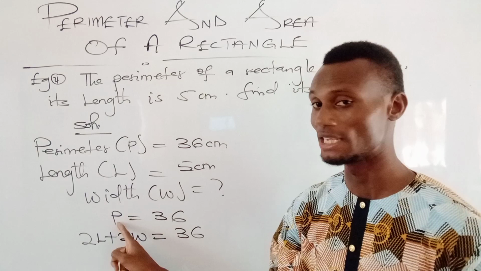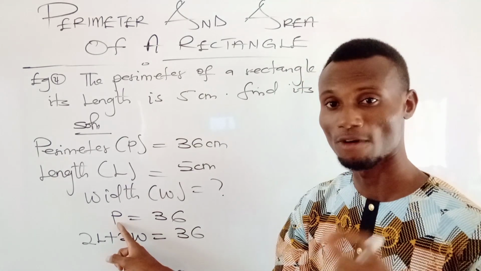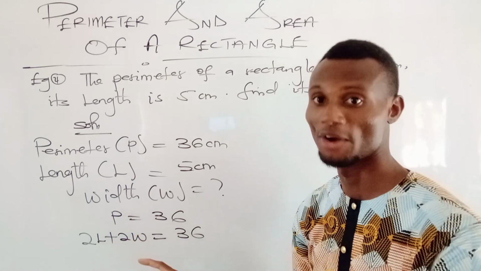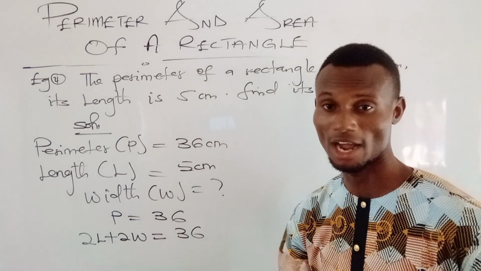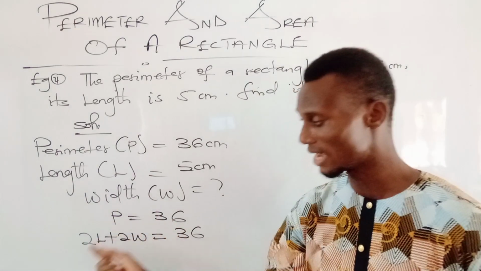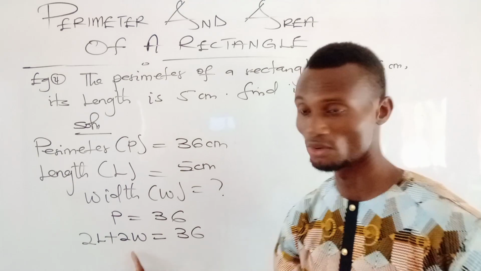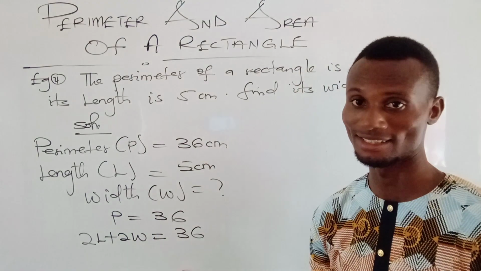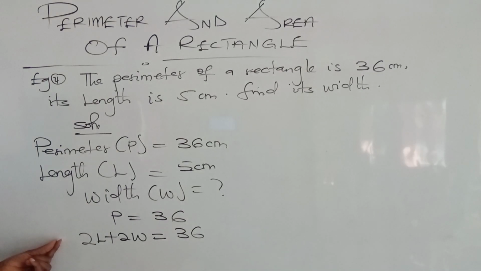P here represents perimeter, so in place of P, I can put the formula for the perimeter of a rectangle, which is 2L plus 2W, equals 36. Now the next step is that we are finding the width, right?